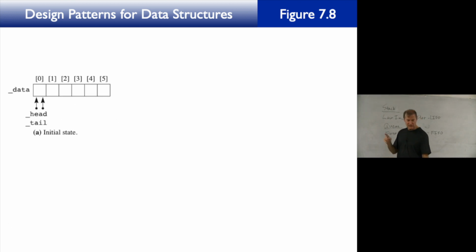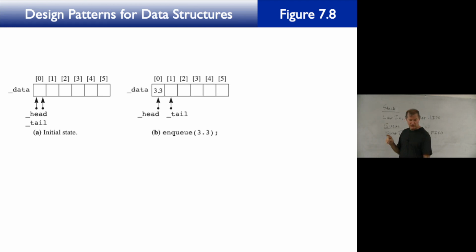So now let's take a look at how this is going to happen with the circular Q. So in the beginning, what does it look like? _head and _tail are initialized to be what does it look like here in this figure 7.6a? 0. And then if we NQ 3.3, then we NQ where?